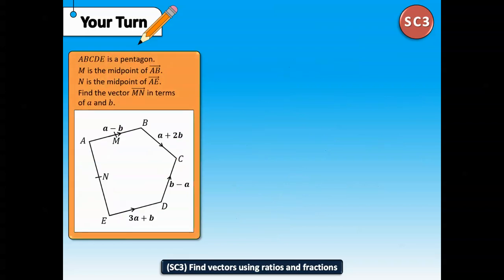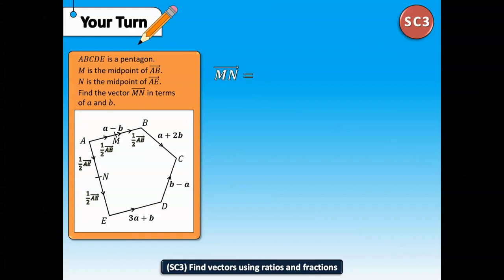For the amber question, we want to find the vector M to N in terms of A and B. So A to M is a half of AB, and M to B is also a half of AB. N to E is a half of AE, and A to N is also a half of AE.